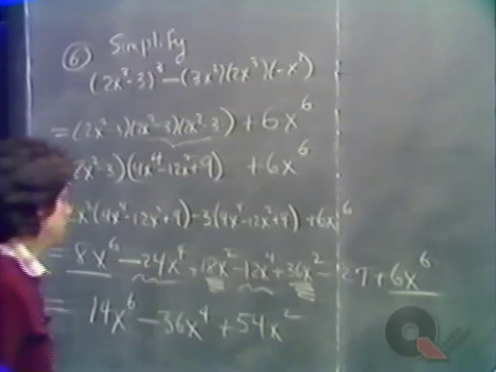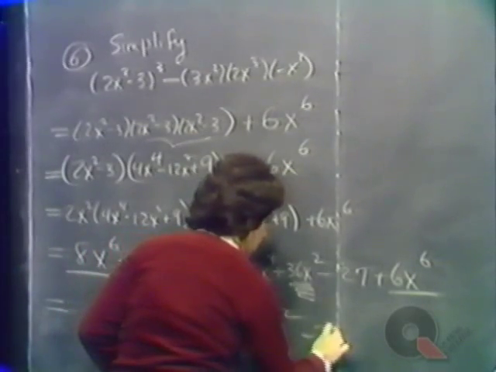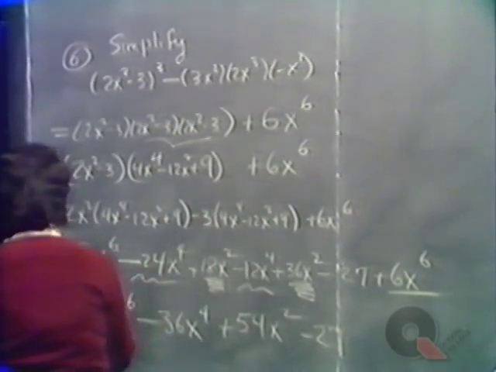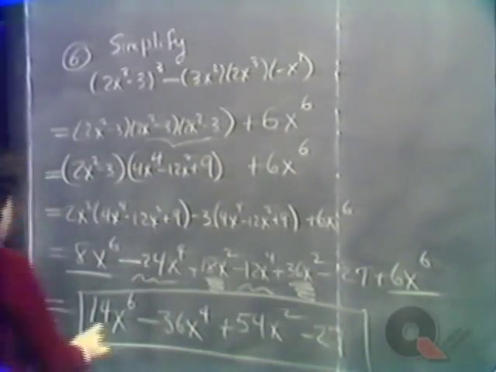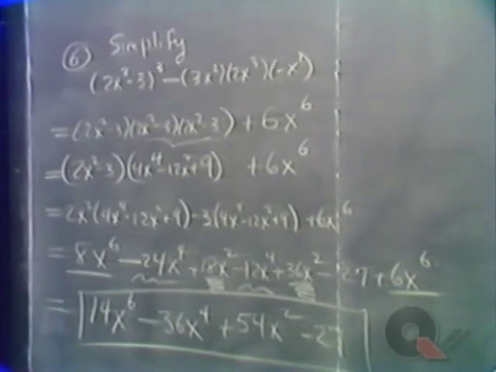And then finally, one constant, minus 27. Final answer, 14x to the 6th minus 36x to the 4th plus 54x squared minus 27.